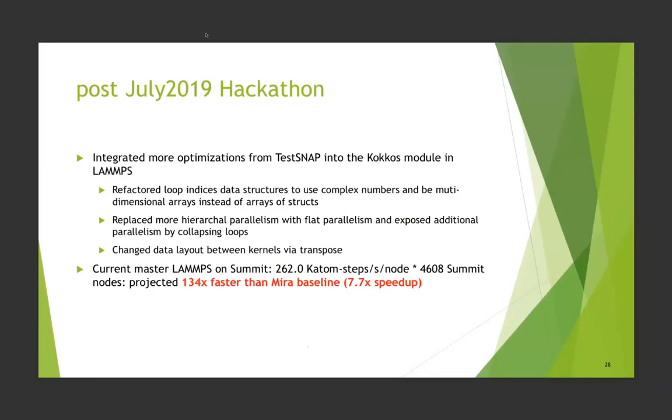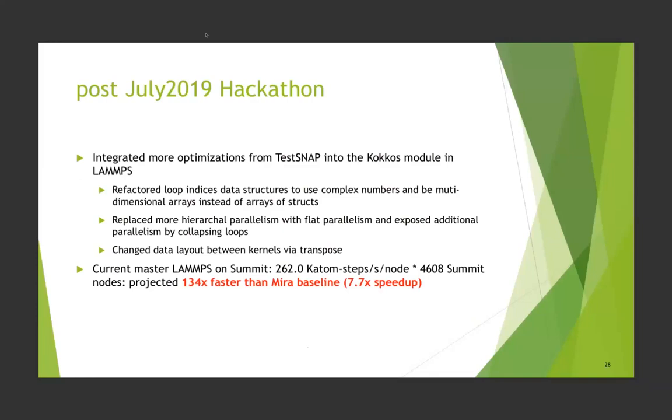And then we also took out more of the hierarchical parallelism and replaced it with flat parallelism, and collapsed some more loops. And then, as Rahul mentioned, there was one array that for one kernel wanted to be one layout, and for another kernel wanted to be a different layout. Because these kernels are so computationally expensive, we could do a transpose between the kernels and actually get a speed up.